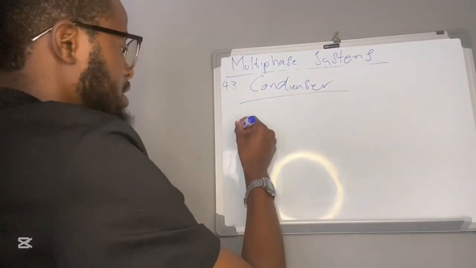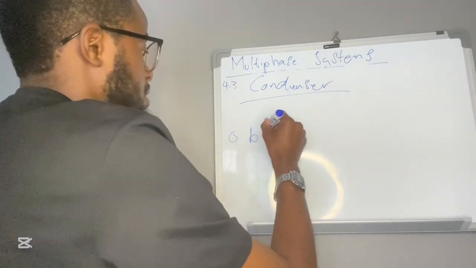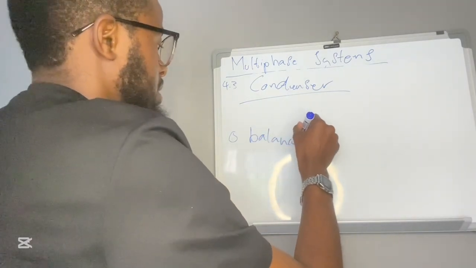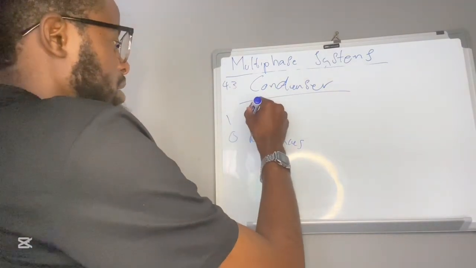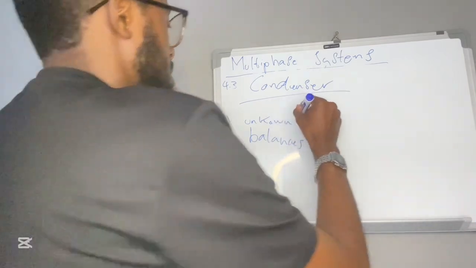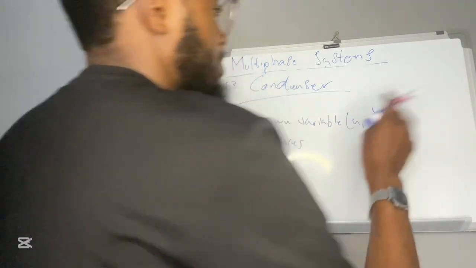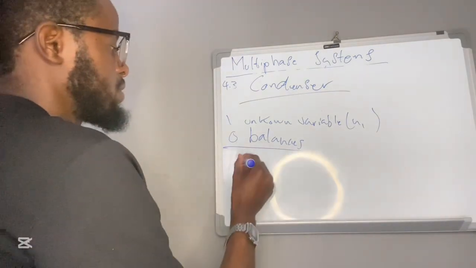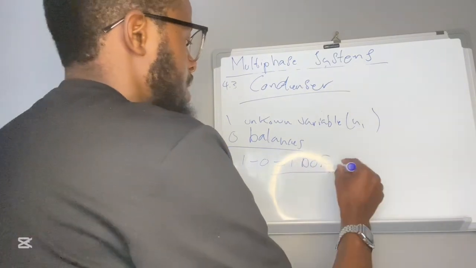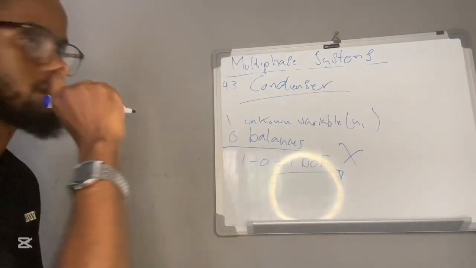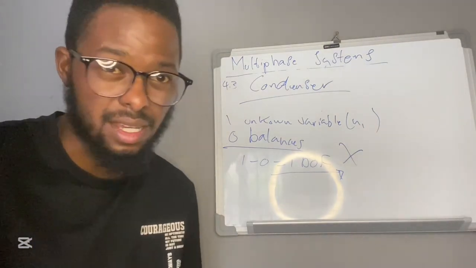So you have 0 balances; there's nothing to balance there. But you do have one unknown variable, which is N1 that splits into 2. This gives you 1 minus 0, which is 1 DOF. Again, the condenser is not applicable.